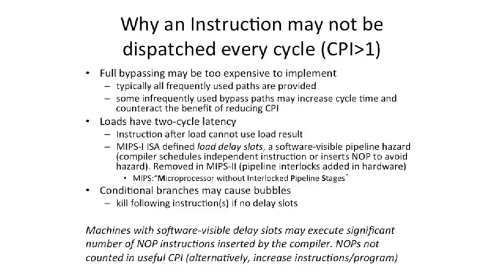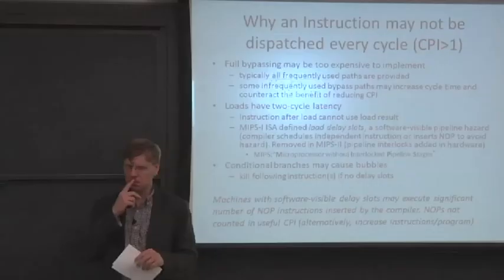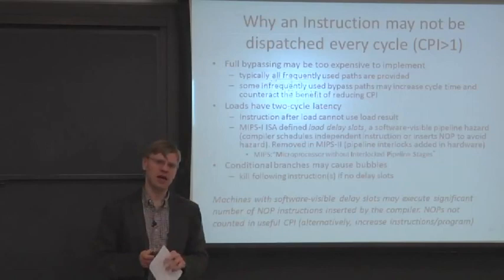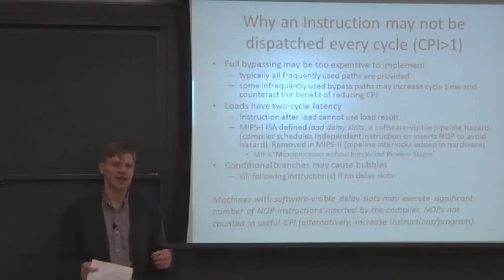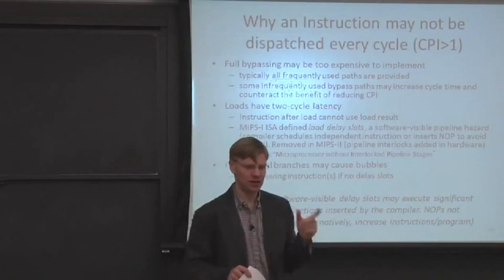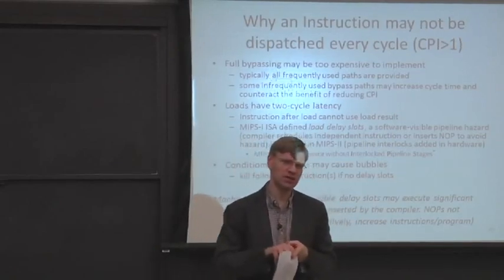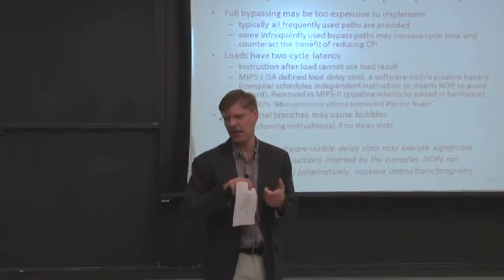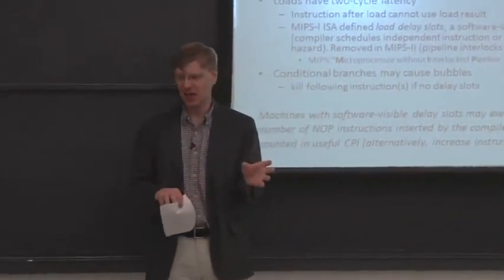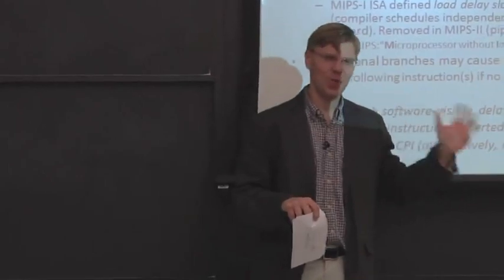Another good reason why CPI might be greater than 1 is we have conditional branches, which can cause bubbles. So this was all the control hazards we've been talking about up to this point. And you have to kill the instructions if you don't have some sort of delay slots. Now, I wanted to point out, when we talk about CPI, and this is the note at the bottom of the slide, that you really want to think about CPI from the perspective of a usable CPI instead of how many instructions are executing.